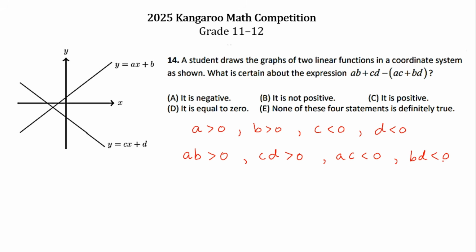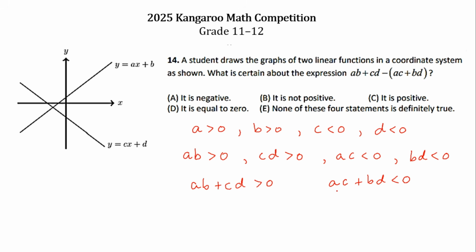Now, since AB is greater than 0 and CD is also greater than 0, AB plus CD must be greater than 0. Since AC is less than 0 and BD is less than 0, AC plus BD must be less than 0 as well.